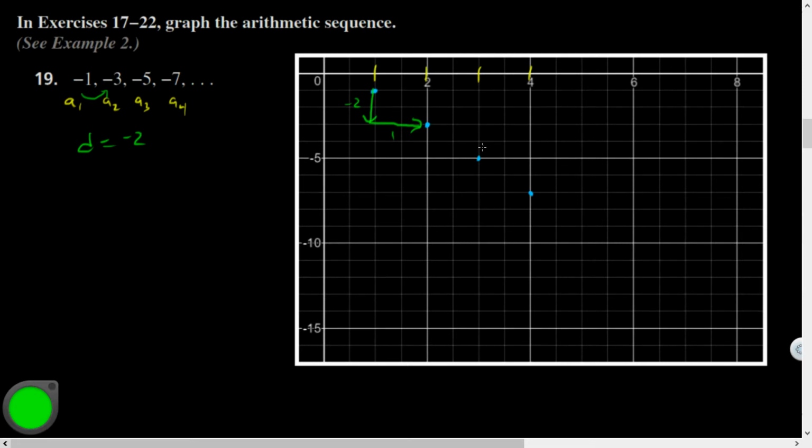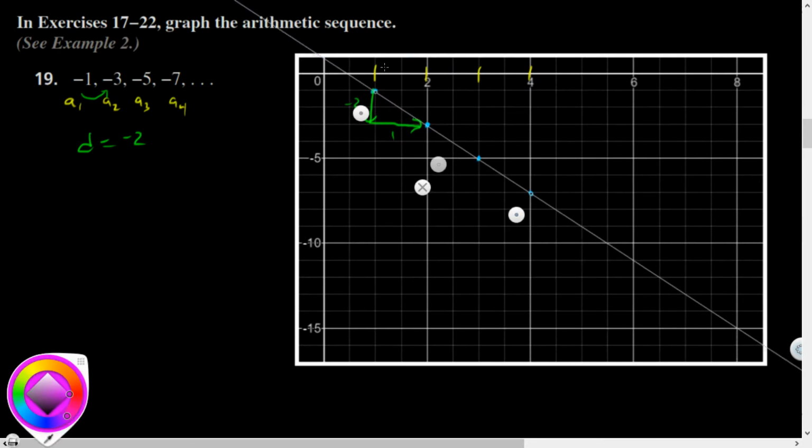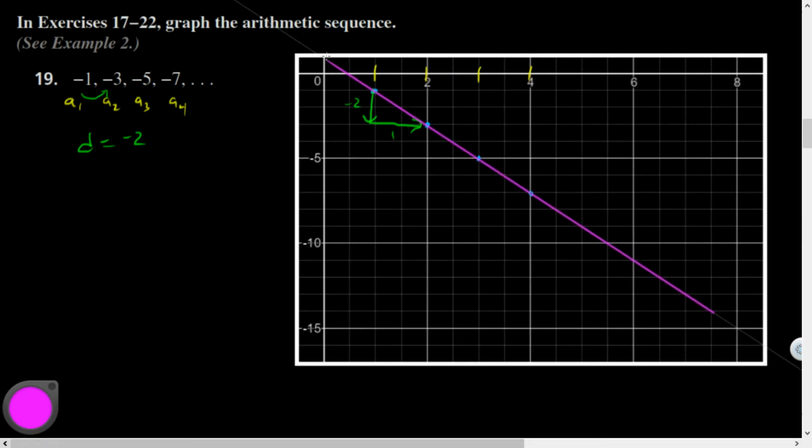Now, maybe it would be helpful, but it would be wrong to draw the line that these points are on. I could use that line to help me find the next points in the sequence. But the problem is everything on the line is not necessarily a point in the sequence.